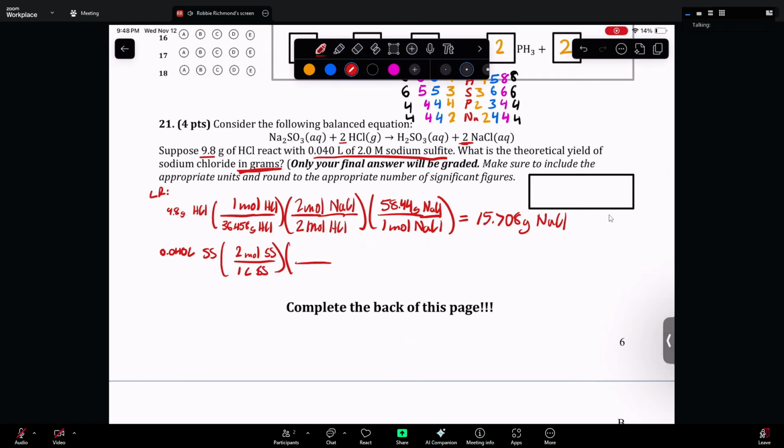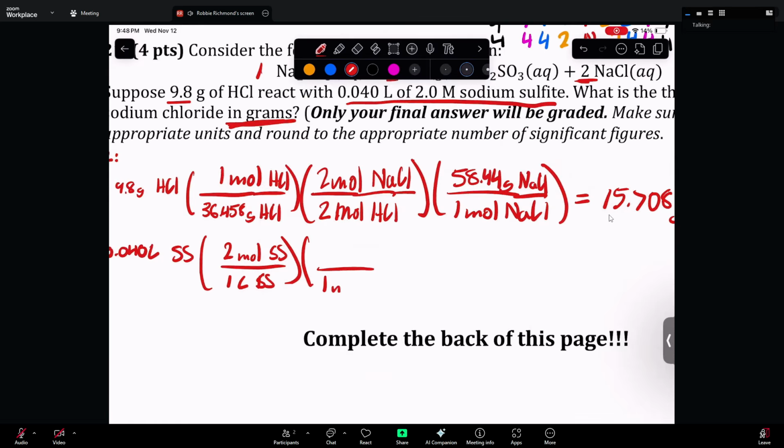We have a 1:2 ratio. So 1 mole of SS is going to generate 2 moles of our product. I'm just going to write P for time's sake. 1 mole of our product, or 1 mole of our sodium chloride, is 58.44 grams of our product.